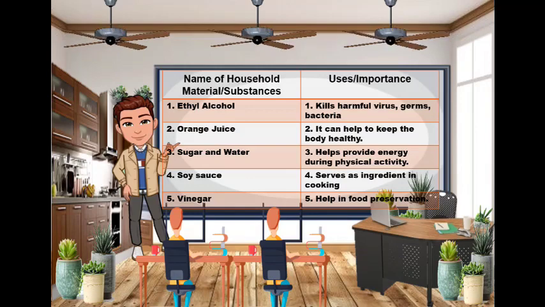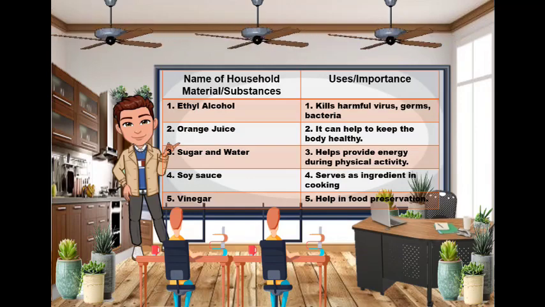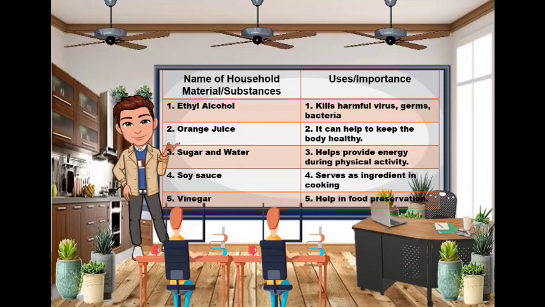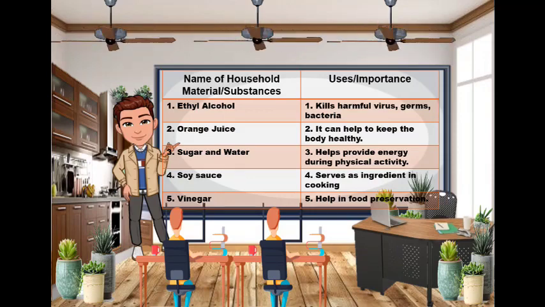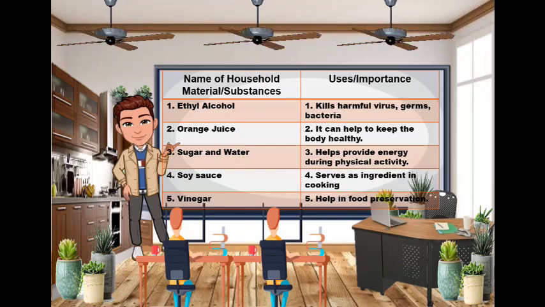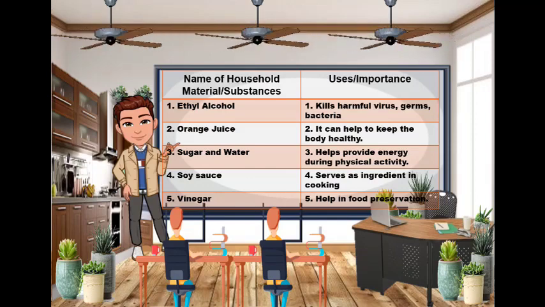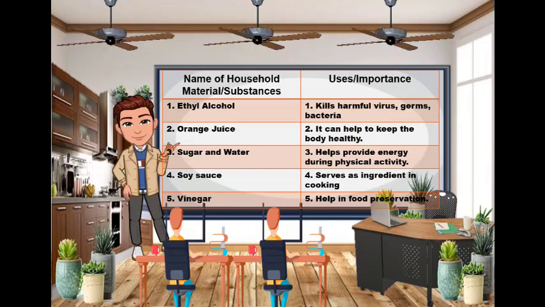Another is a mixture of sugar and water. It helps provide energy during physical activity. Another is soy sauce. It serves as ingredient in cooking. And another is vinegar. It helps in food preparation and preservation.